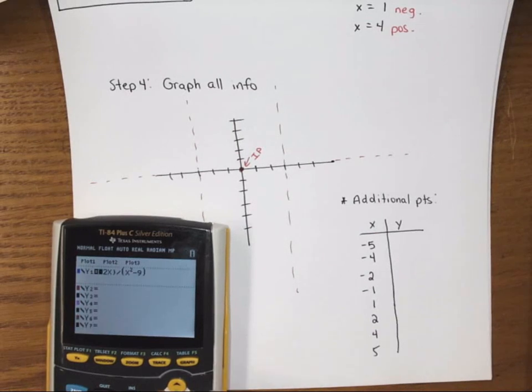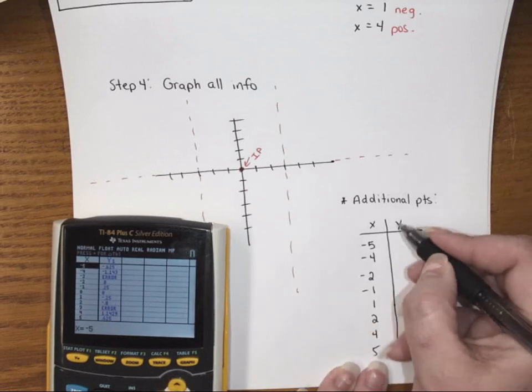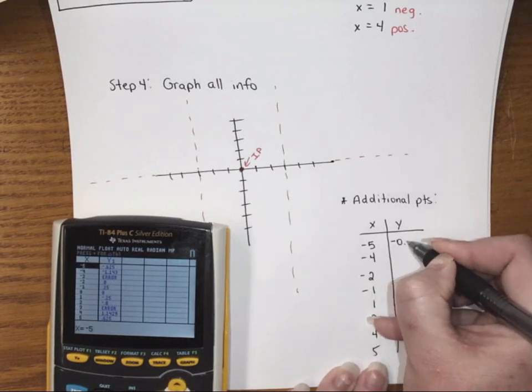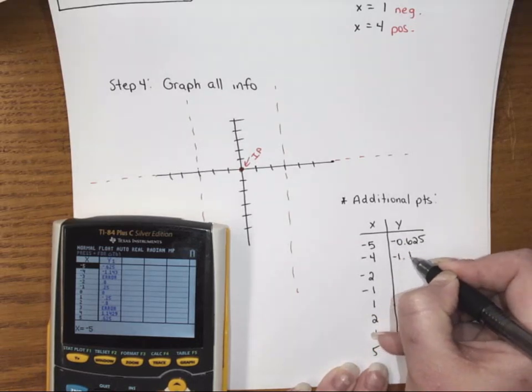When you enter it in, notice I already pre-entered it for you. You need parentheses around the top and the bottom, but rather than look at the graph, I'm going to look at the table because the table will nicely tell us what the values are everywhere. At -5, it's negative 0.625. At -4, it's negative 1.1.